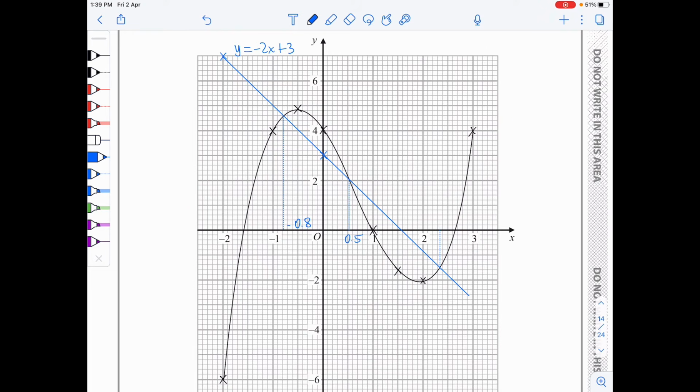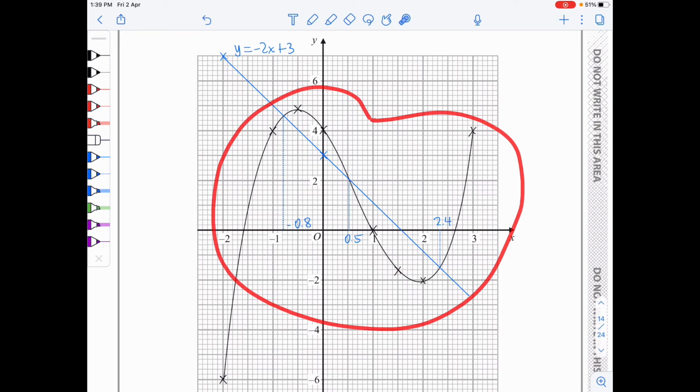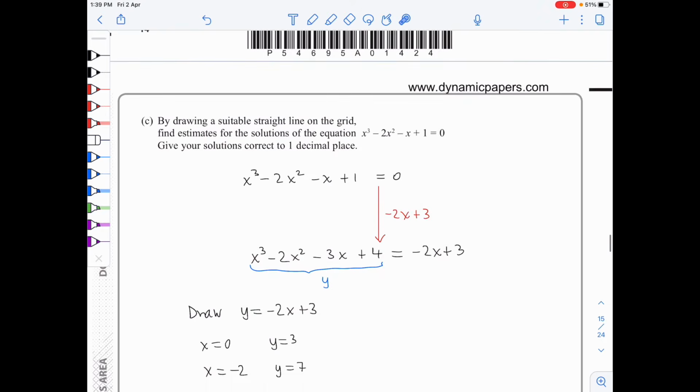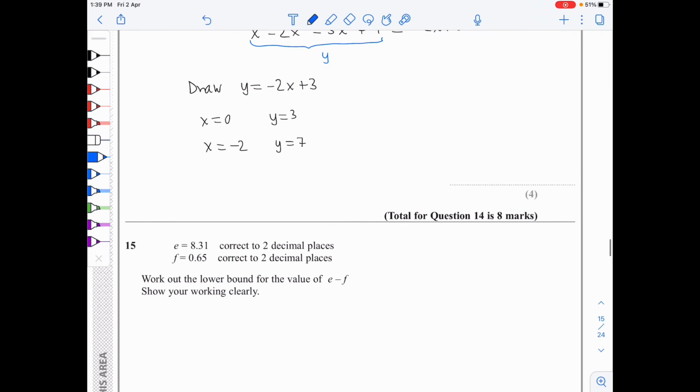I'm just gonna say 2.4. They are accepting a range of values because it depends on your graph and how smoothly you've joined the points together. Anything sensible will qualify for full marks. So minus 0.8, 0.5, and 2.4. So the mark scheme is accepting a range of values here.